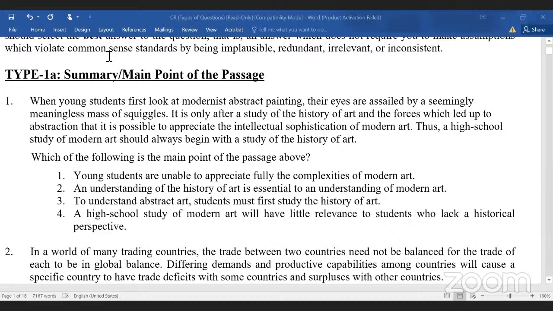The moment you're done, everybody will write the answer in the live chat box. Let's see how many are done. Come on. Quick, quick, quick. Increase the speed, please.